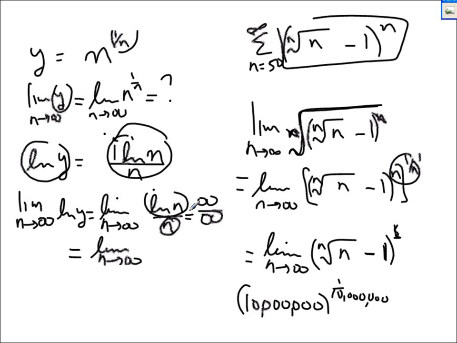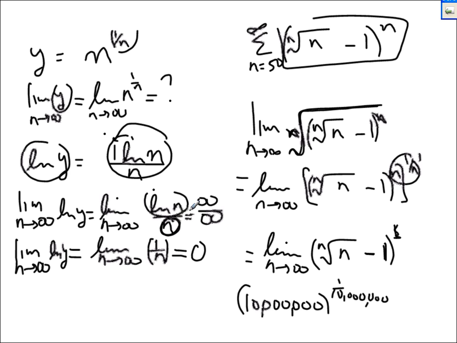Take the derivative of the top, you get 1 over n. Take the derivative of the bottom, you get 1. I won't even bother dividing by 1, because 1 over n divided by 1 is 1 over n. And as n goes to infinity, you get 0. So now we know that the limit as n goes to infinity of ln of y is 0.